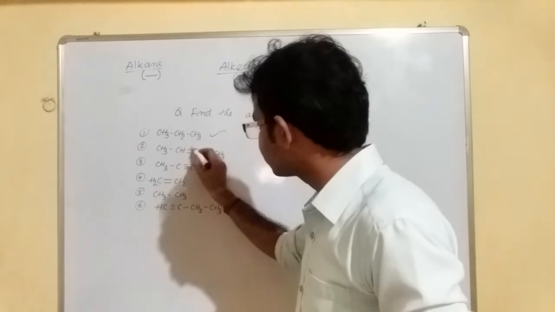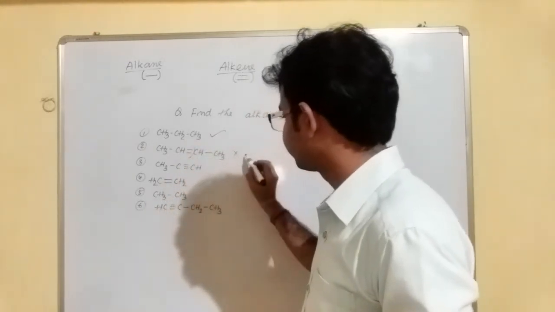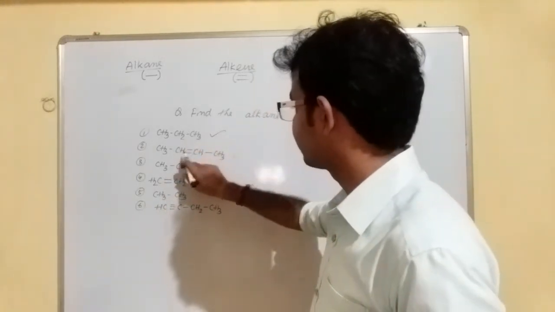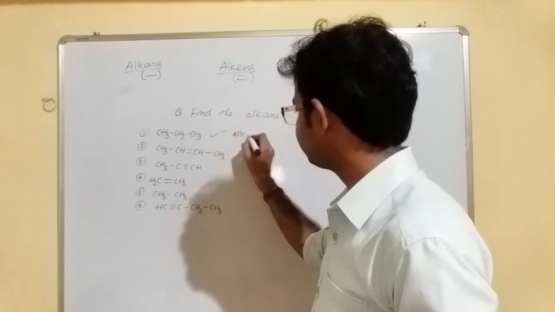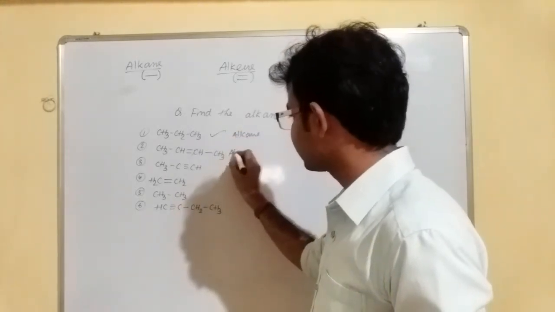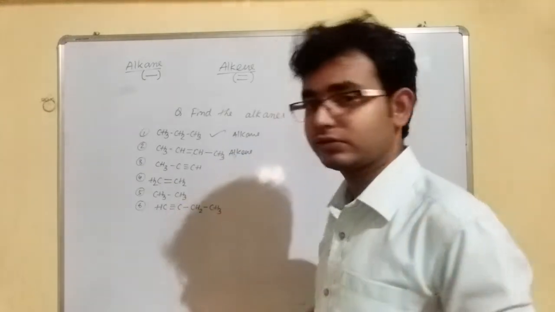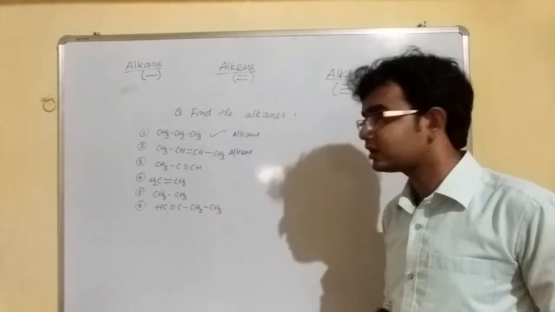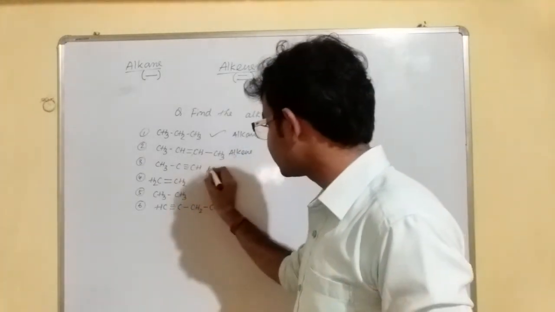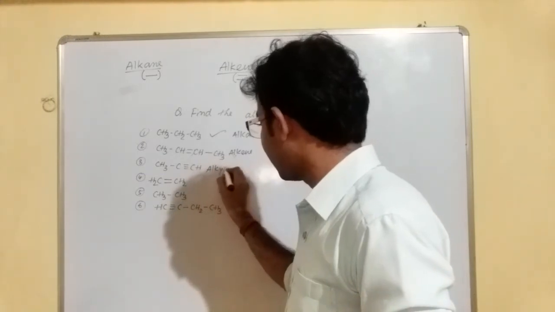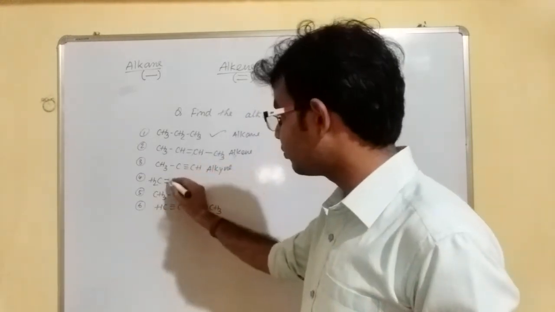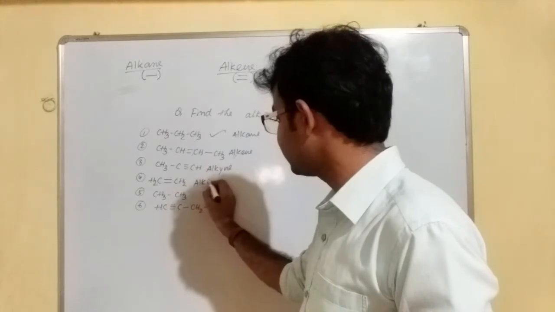Here the double bond is present, so it is not alkane. This one is alkane and this one is alkene. Obviously this one is alkene. Here a triple bond is present, so it will be alkyne. Here a double bond is present, this one is alkene.